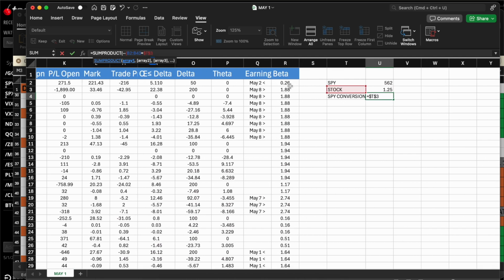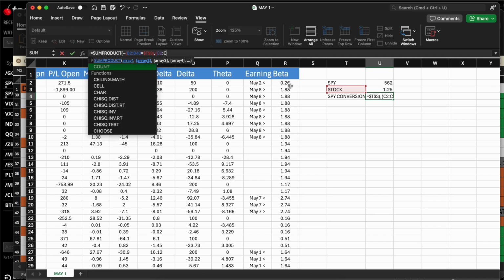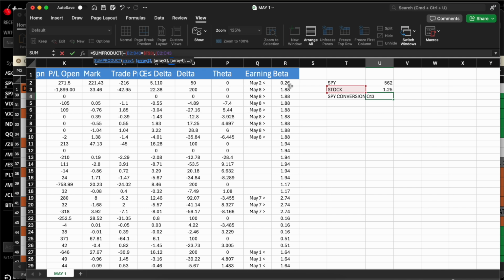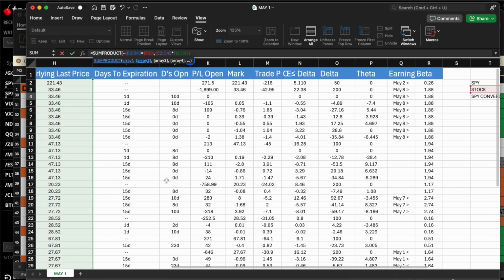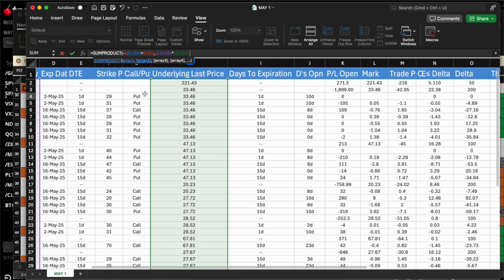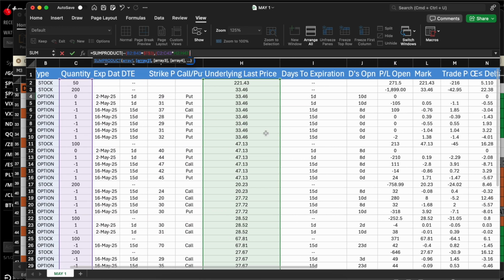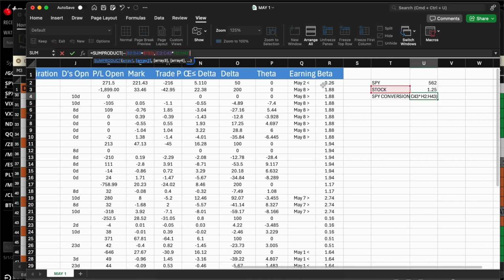Then we are going to multiply C2 through C43 times H2 through H43. Is that right? There's a price, there's the number of shares, and we're also going to multiply by the beta.